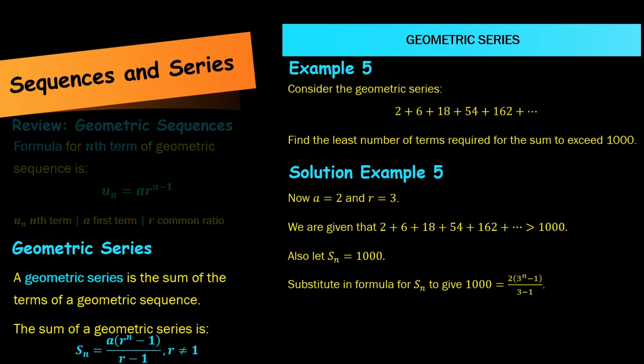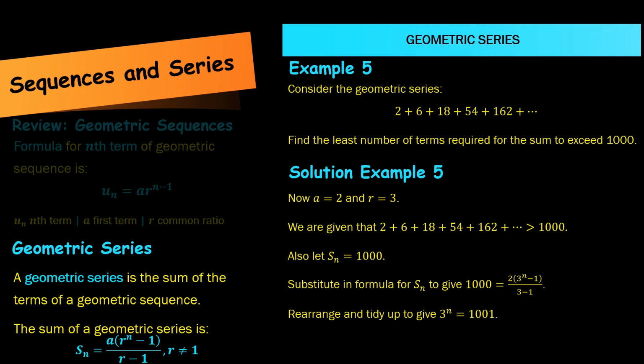And of course, n is unknown. We're going to try and find n in order for the sum to equal 1000. Now clearly we're not going to get exactly 1000 because we're requiring the least number of terms required for the sum to exceed 1000. So if we get a decimal for n, we need to round that up to the next whole number.